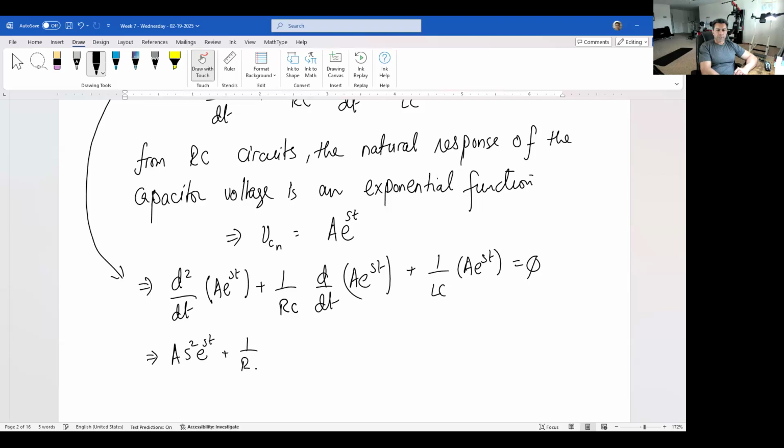A over RC rather. A is constant, and we just discussed the derivative of e to the power st is S e to the power st. And then there's no derivative here, so e to the power st is equal to 0.